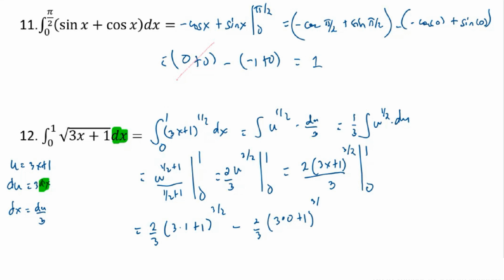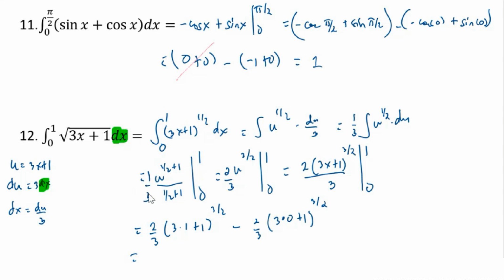All right, so start inside the parentheses. So 3 times 1 is 3 plus 1 is 4. Then what is the square root of 4? We have 2. Then 2 raised to the third power is 8. And then 8 times 2 thirds, we have 16 over. Okay, going back again, class. I forgot to write 1/3 here.